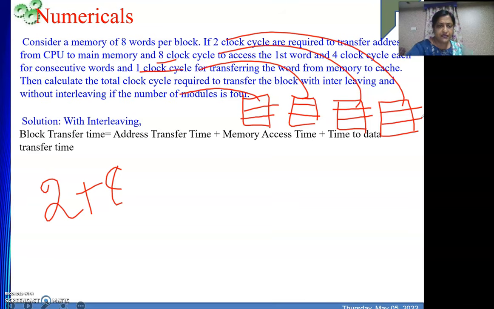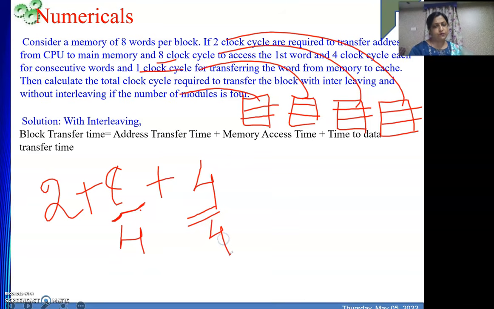So in the next 4 clock cycles, whatever 4 words we got from memory will be transferred to the cache, and at the same time another 4 words will arrive from the 4 memory modules.